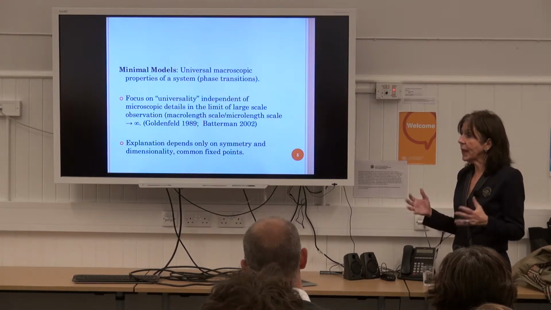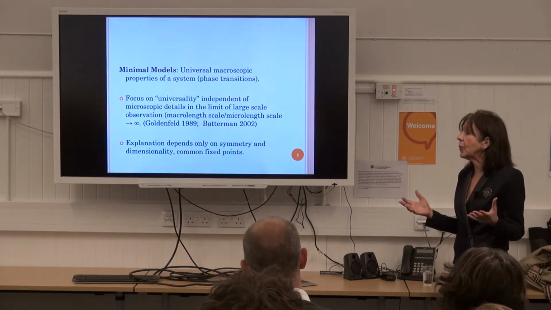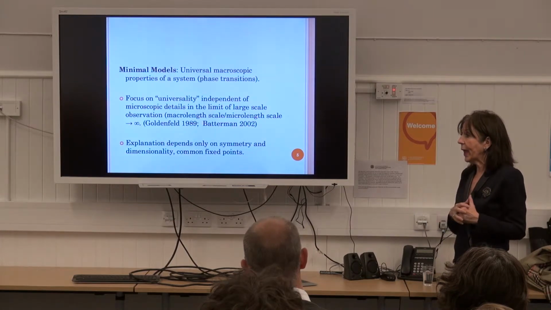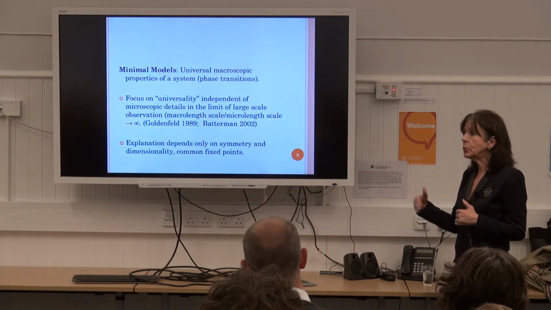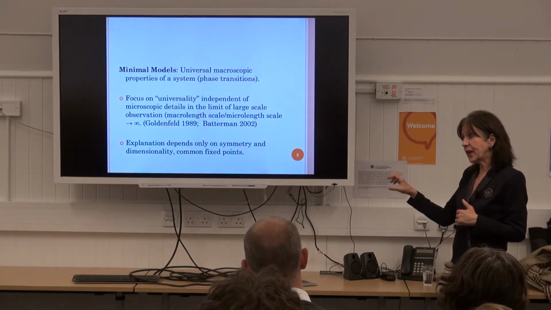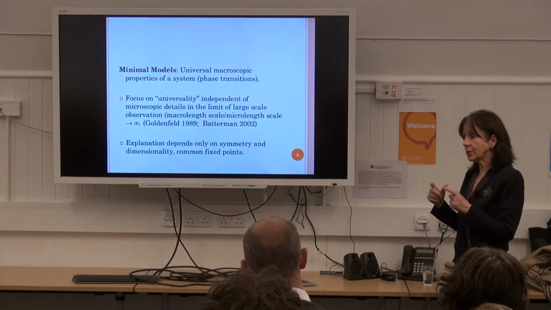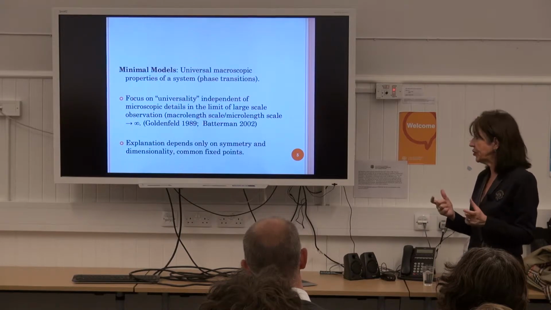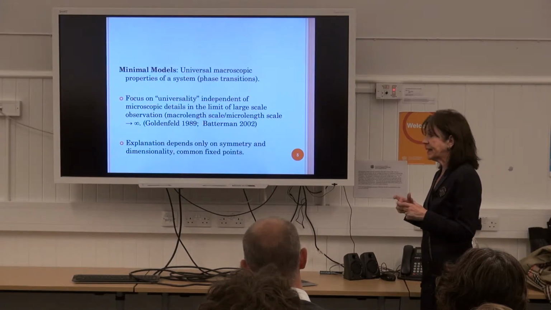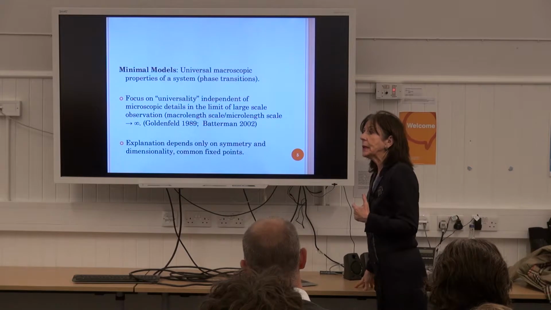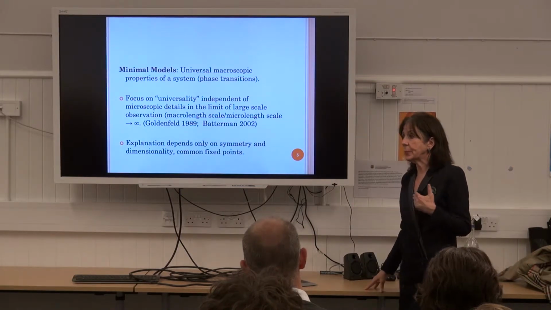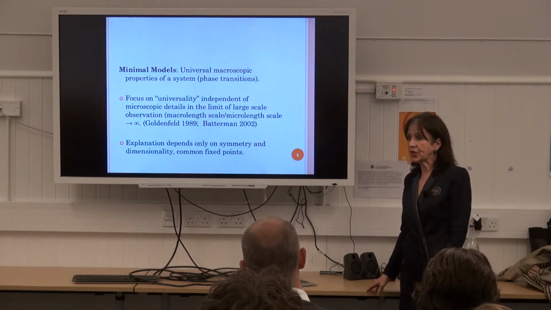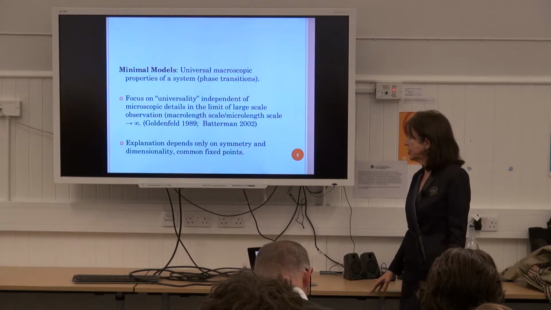So you make assumptions about infinite numbers of particles, and then you calculate the critical points of the phase transition based on certain kinds of mathematical procedures. And as I said, those are usually models that depend only on symmetry and dimensionality as physical assumptions.